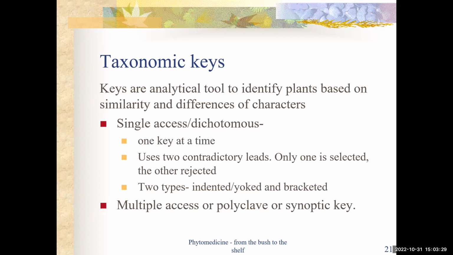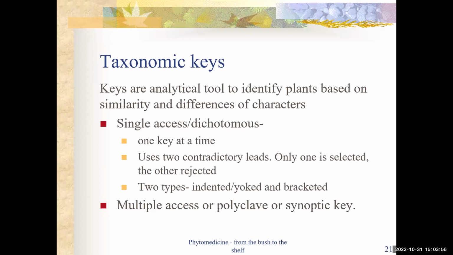We have the single access or dichotomous keys, and then we have the multiple access or polyclave or synoptic keys. The first one is used a lot. That's what we teach. That's what you're likely to get in any taxonomic book. It's probably a single access key.